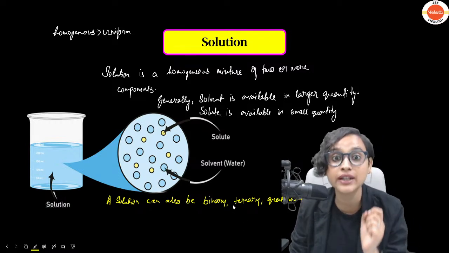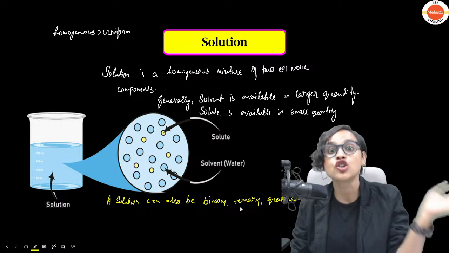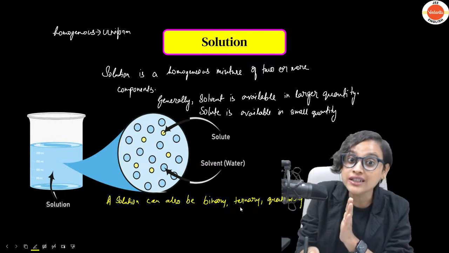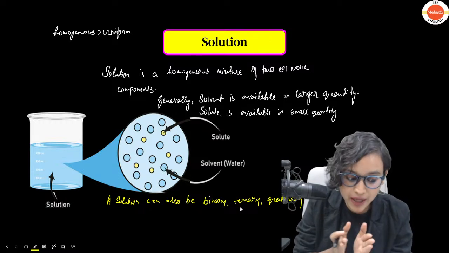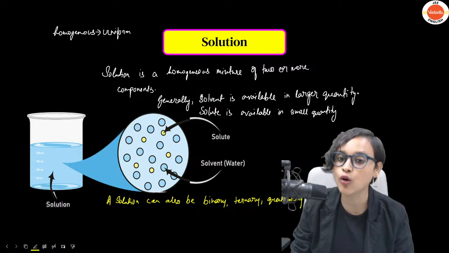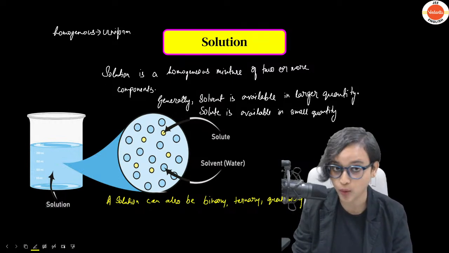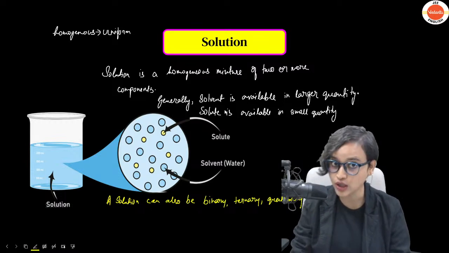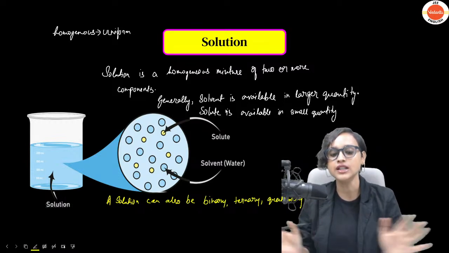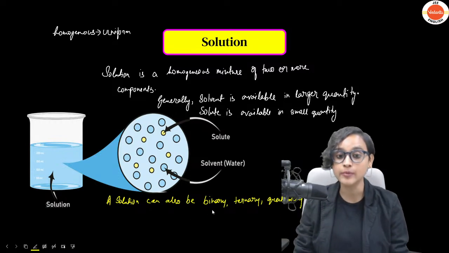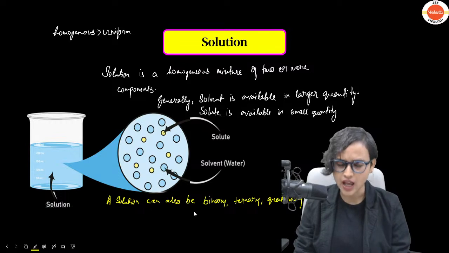For example, lemonade: when you mix sugar, salt, lemon juice into water, then it is a quaternary solution. Are you getting my point? Solution is a homogeneous mixture of two or more components, and generally solvent is the one available in larger quantity, whereas the solute is available in small quantity. And a solution can also be binary, ternary and quaternary.